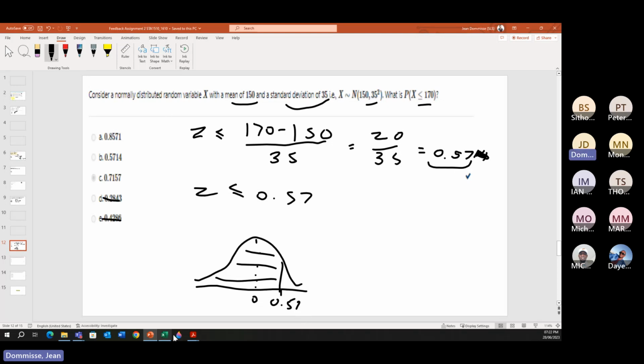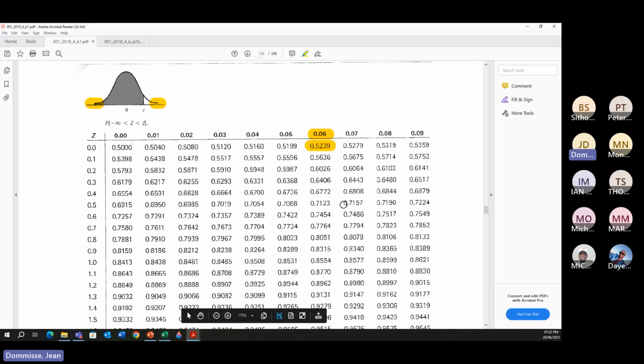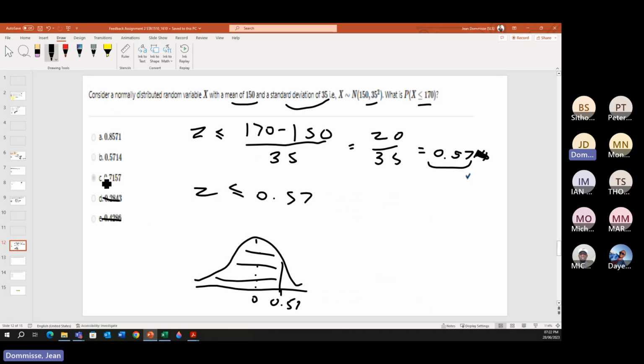Okay, 0.57, 0.5, 0.57, 0.7157. There is your option C for this one.